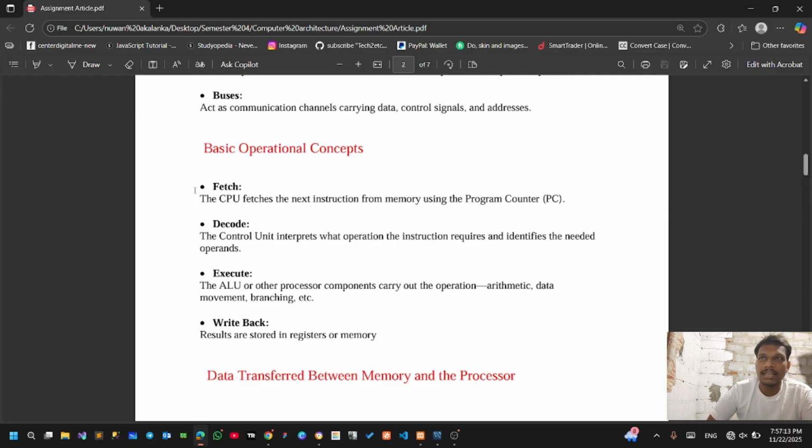And decode: in the decode step, the control unit interprets what operation the instruction requires and identifies the needed operations. Next one is execute. Execute means the ALU or another processor component carries out the operations, like arithmetic, data movement, branching, those things. And in the write back, results are stored in a register or memory. That one is the last operation.